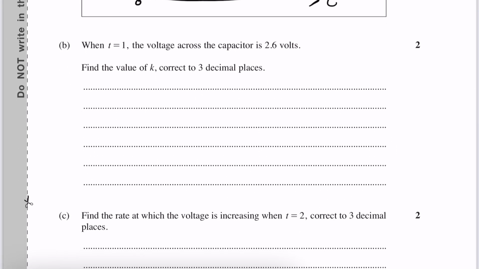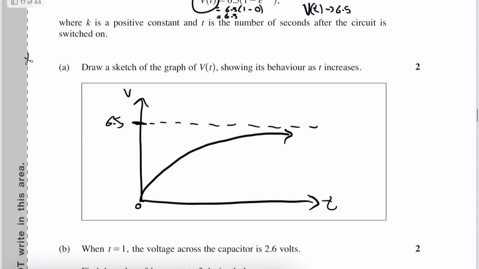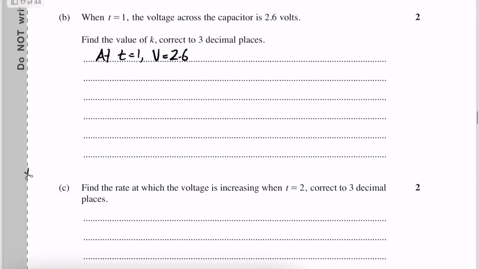Question B says, when t equals 1, the voltage across the capacitor is 2.6 volts. Find the value of K, correct to 3 decimal places. So the information says at t equals 1, V equals 2.6. And so we just plug those numbers into the equation.